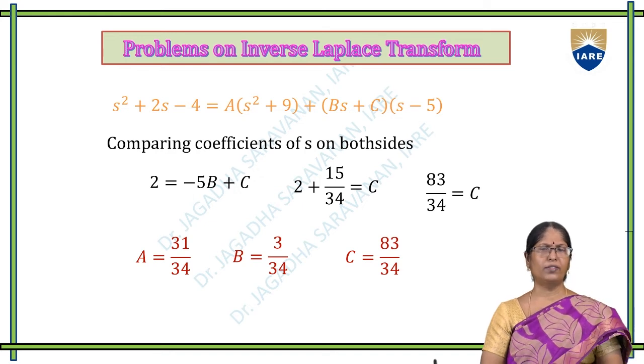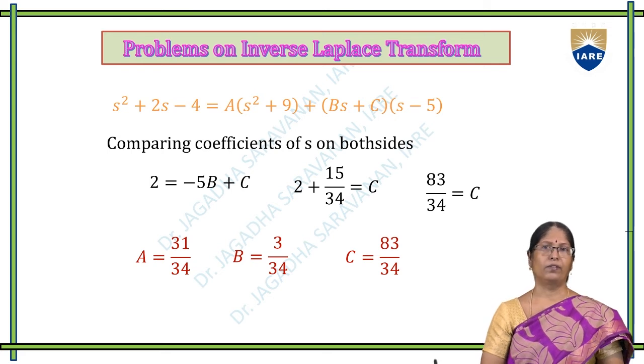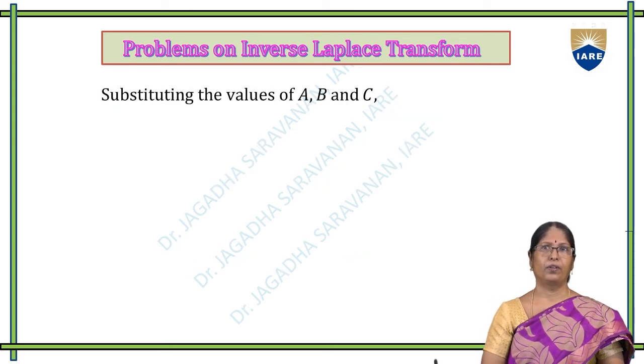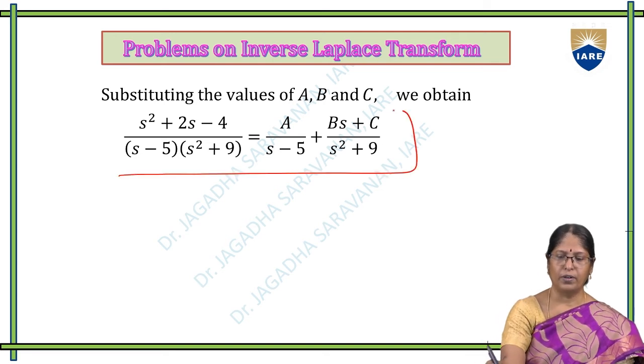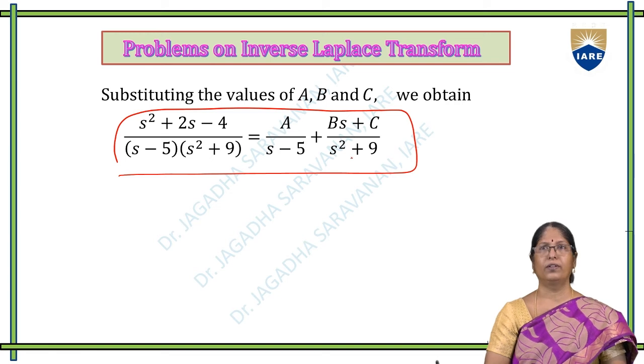So all these three values we will substitute where? We are going to substitute the values of a, b and c. Here is the place where we took the cross multiplication and proceeded.